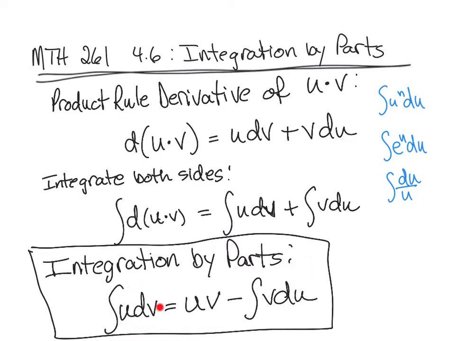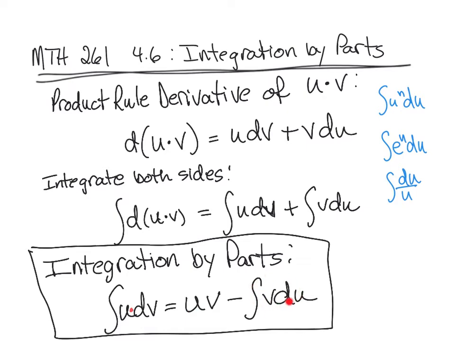So we're going to start with an integrand that is a product of two functions. One of those functions is u, not you personally, and the other function is the derivative of some function v. We're going to do some preliminary work, and then all we have to do is plug stuff into the formula.